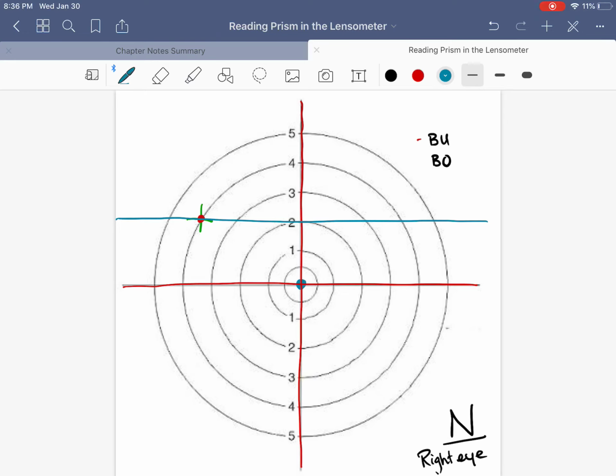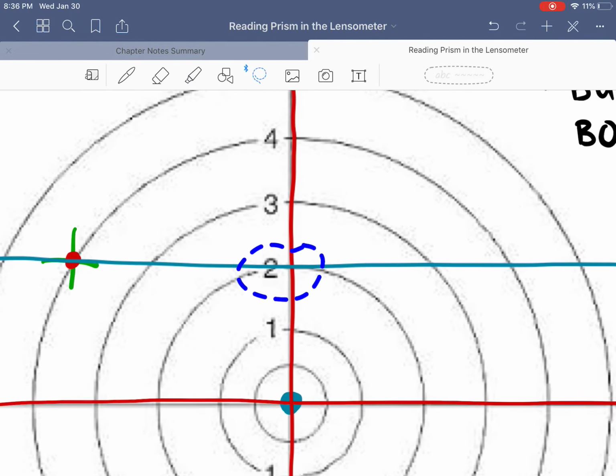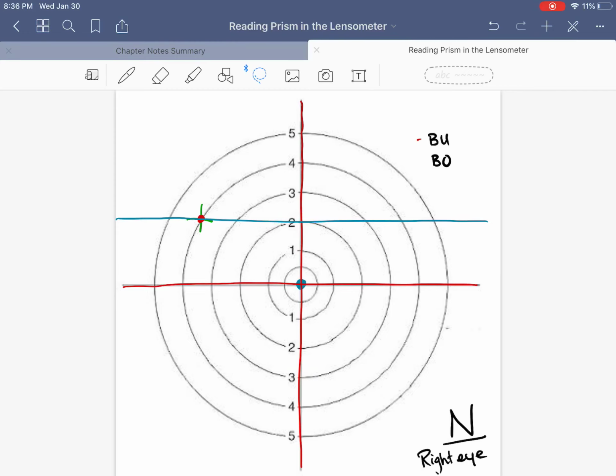And we can see that where we crossed on this line was right here at the 2. You see that? We crossed right over at the 2. So for this one, we have 2 diopters up. We went 2 diopters base up from the center of the target. So we would say I have 2 diopters base up.